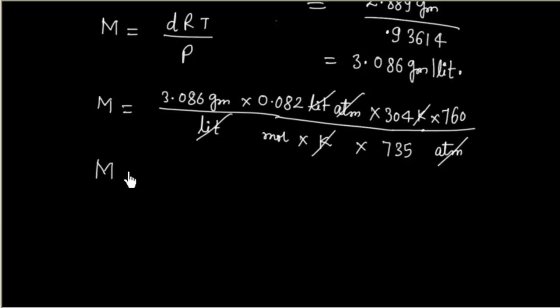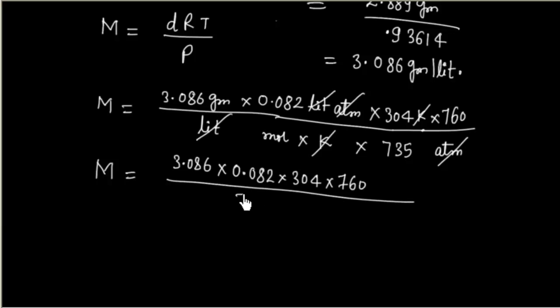So we have molecular mass is equal to 3.086 multiplied by 0.082 multiplied by 304 multiplied by 760, divided by 735, and the unit will be gram per mole.